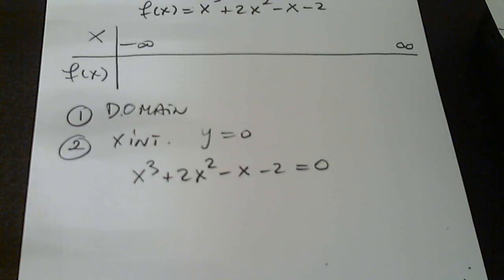Okay, perfect. So now, a long, long time ago, we discussed polynomials of this kind with 4 terms. What do we need to do in order to find the x-intercepts? Grouping.